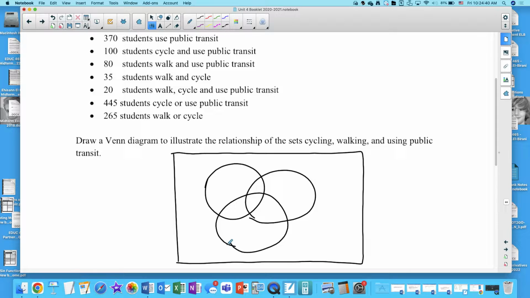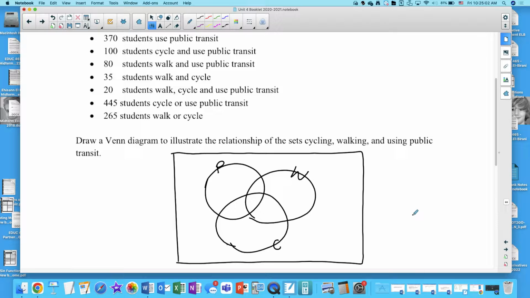Okay, and I'm going to label them: public transit, I'll just use a P for that, walk, and cycle.